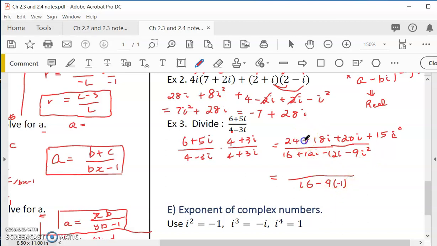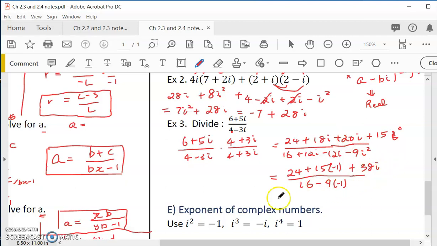And then the top you would say, well, I have 24 and 15i squared. This is an i squared. So it'll be 24 plus 15 times negative 1 plus 18i and 20i would be 38i. Right?